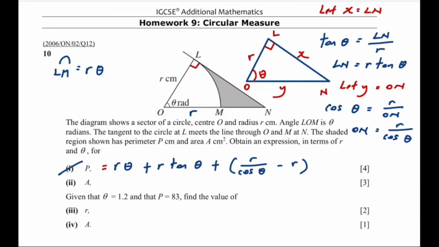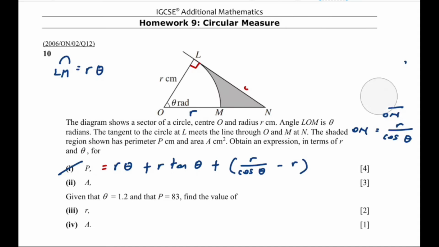Okay, so now we have a look at the area. How do we find the area of the shaded region? We have the area of the right angle triangle minus the area of the sector. I think I need to label first. This is r tan theta.